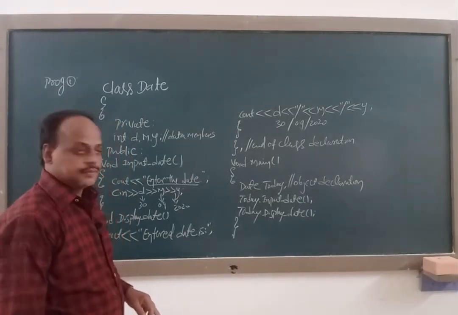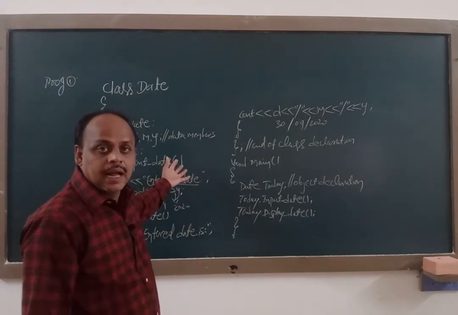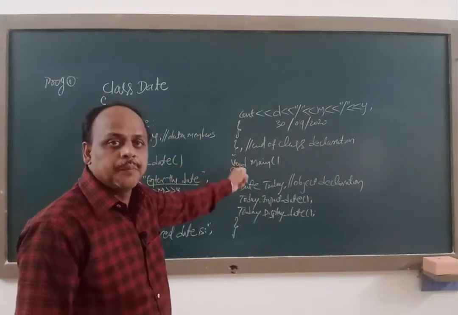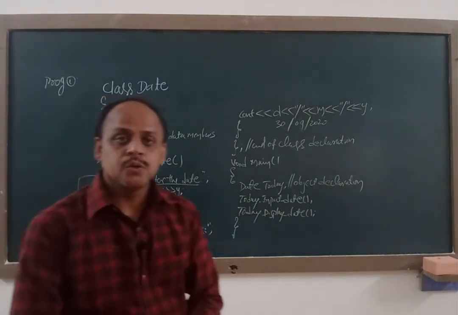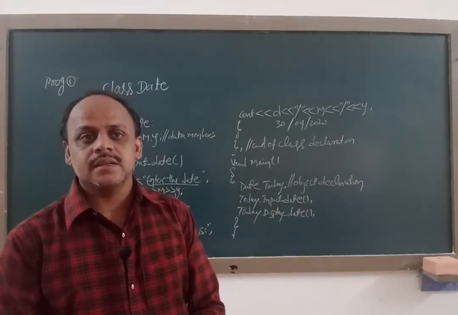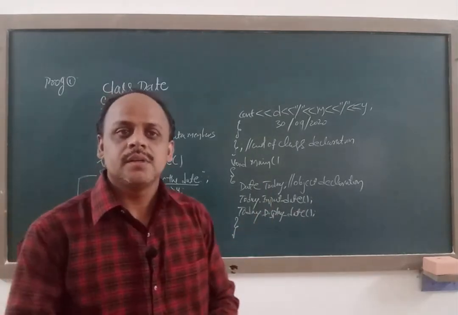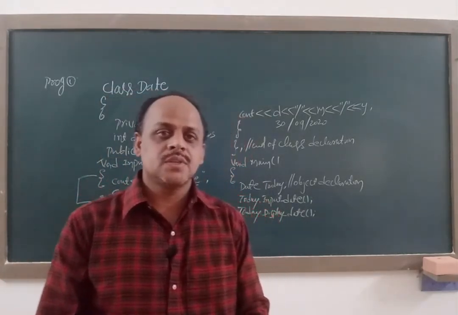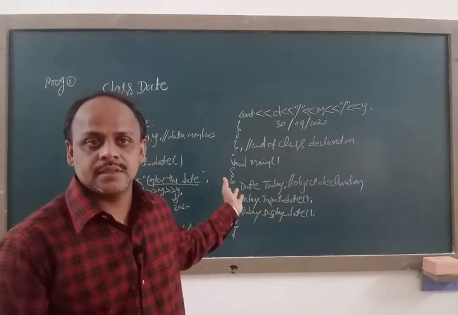You can observe here, the program explains how to accept a date and how to print a date, right? So just go through such programs and practice. In the next class we are going to discuss some more simple C++ programs using the concept of class and object. Thank you.